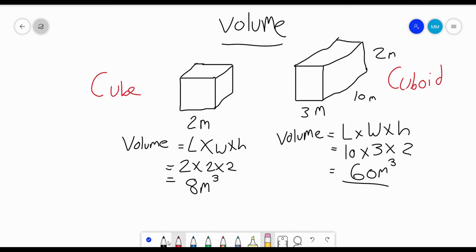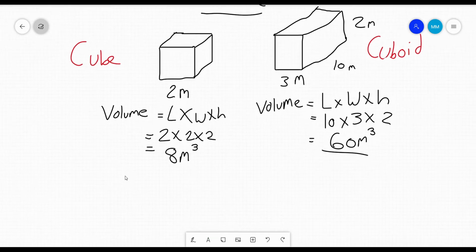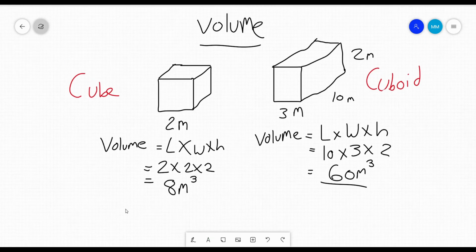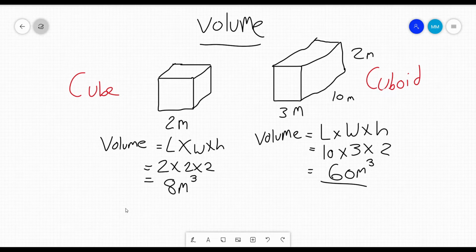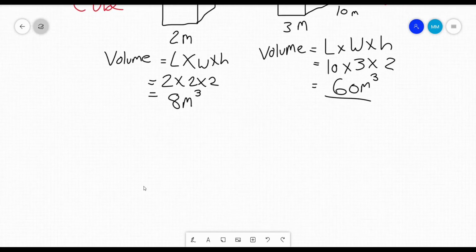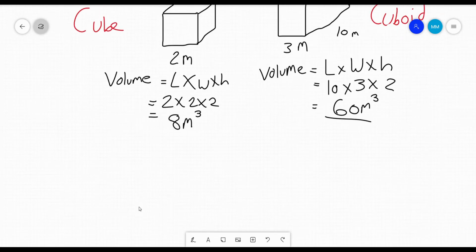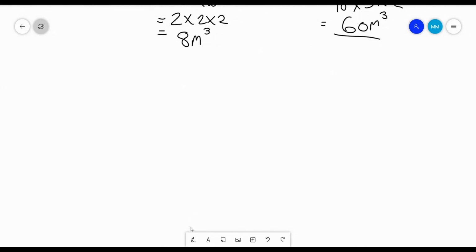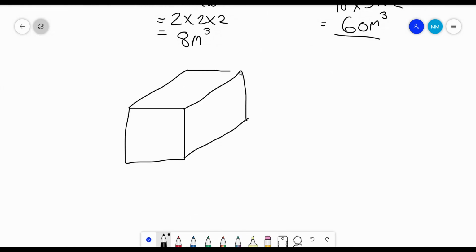Just trim that up. One final thing to note. Sometimes the examiner is a bit cheeky, and sometimes the examiner will show you something like this. But let's say they give you the length, so let's say 7 centimeters. There you go.